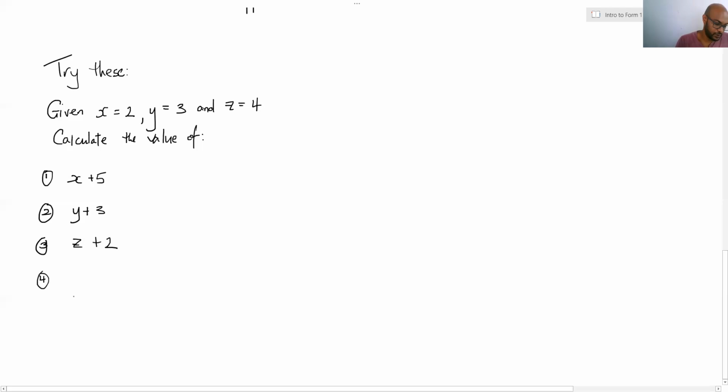Right, simple ones. We have negative here, 9 minus x, 8 minus y, 7 minus z. Right, substituted.